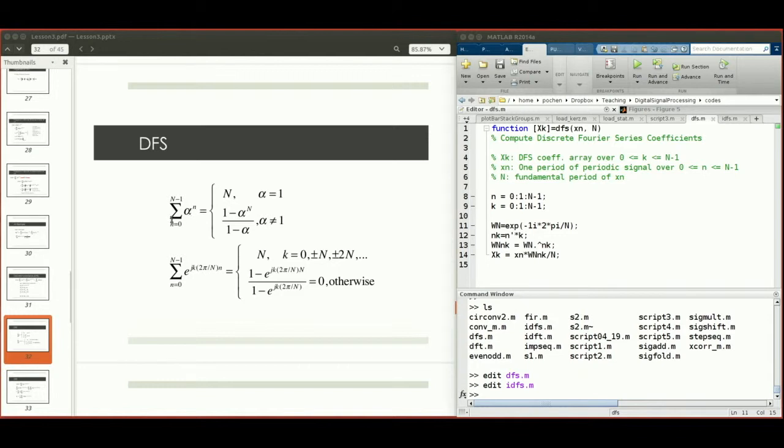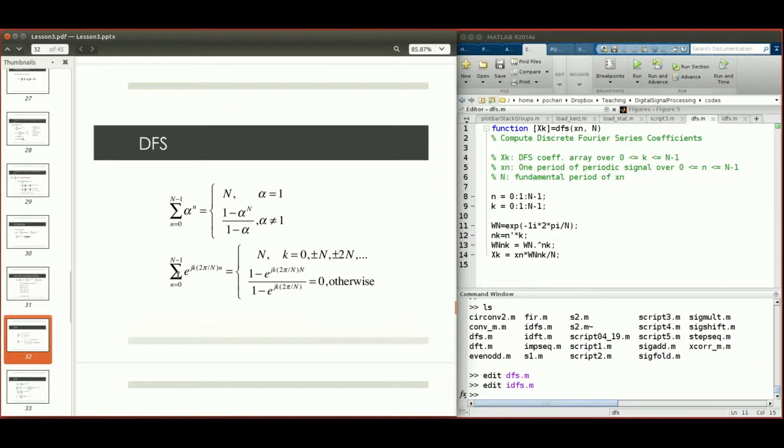You end up summing 1 for big N times, and the result is big N. When alpha is not equal to 1, you have this formula: 1 subtract alpha to the big Nth power, where big N is the number of terms involved in the summation, divided by 1 subtract alpha. That's what we call the geometric series. I would encourage you to Google it if you don't remember this result.